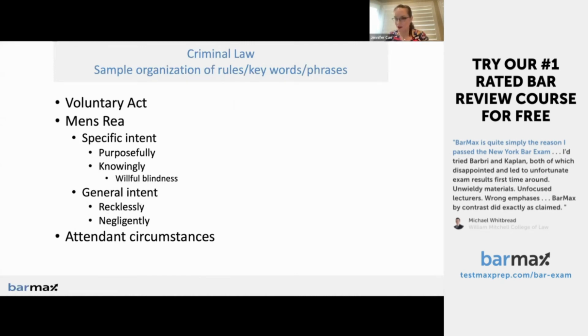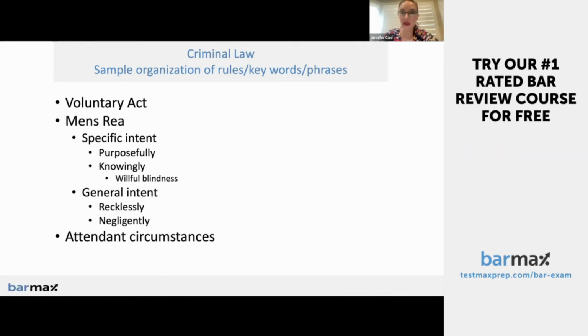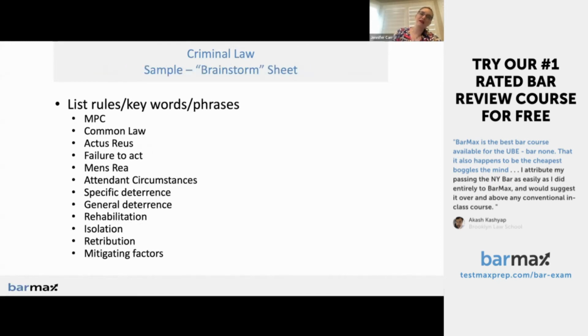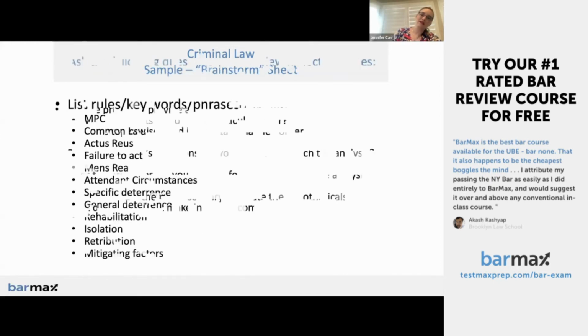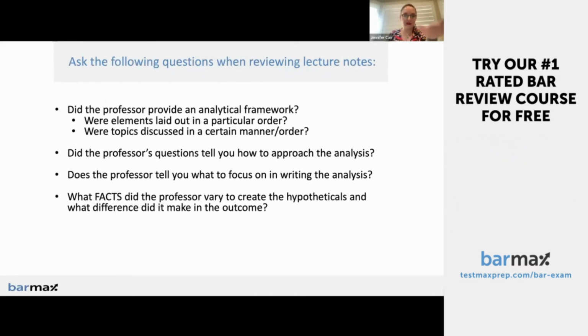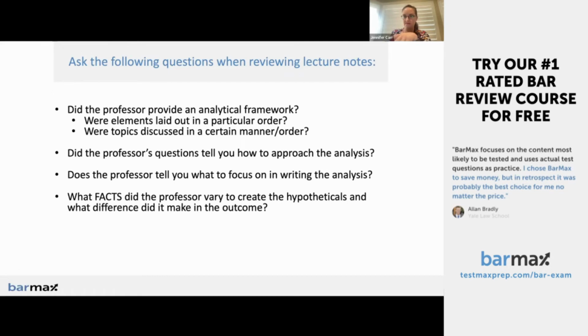Now you're going to start sorting. So now I want you to start looking at that stuff and thinking, okay, how could it fit together? Okay, so yeah, we talked about the mens rea and the attendant circumstances. And oh yeah, if I go back to my lecture notes, my professor said those were the various elements of a crime.